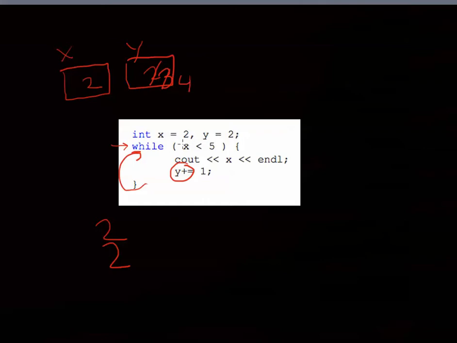So this is an example of what would be called an infinite loop. Right? So an infinite loop is a loop where we get inside the loop and we don't actually do anything to make that Boolean expression controlling the while loop false. So what's really critical is that we always remember when we're designing a loop, this Boolean expression has to become false at some point once we enter into this while loop.